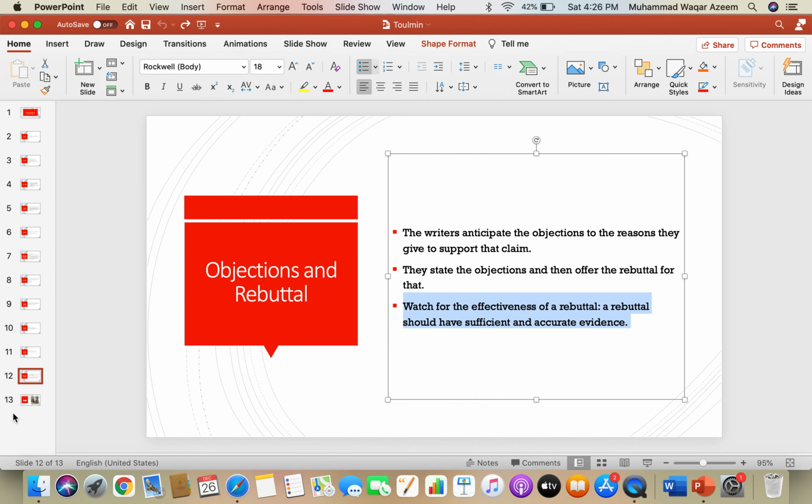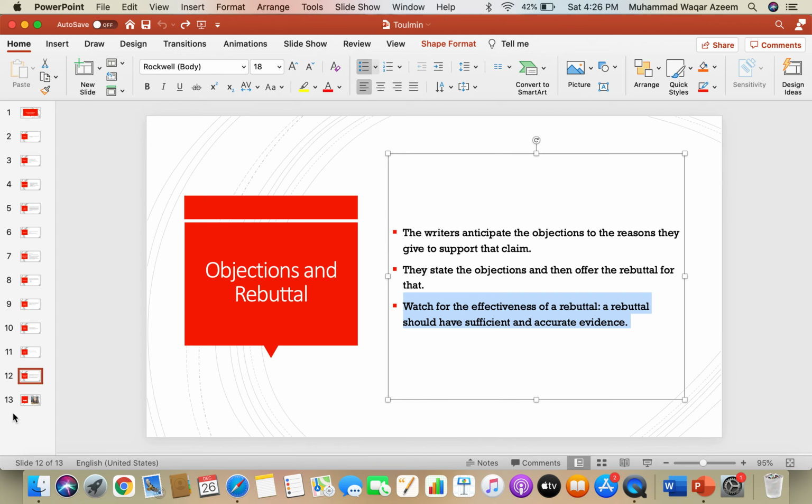For the claim, you should see if the claim has a valid qualifier and valid exceptions. For the reason, you should see if the reasons are effective enough.